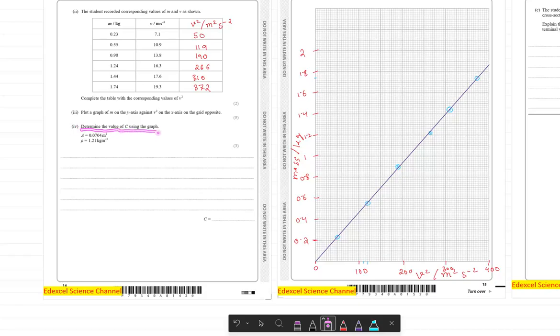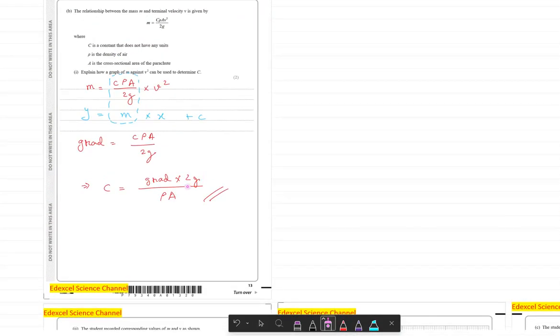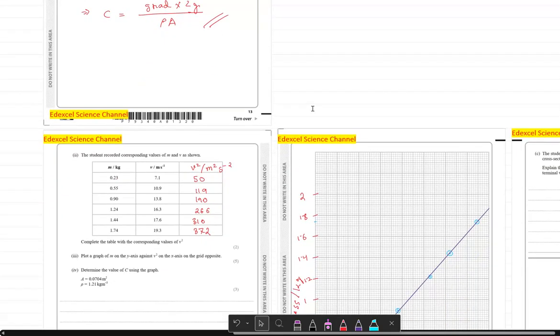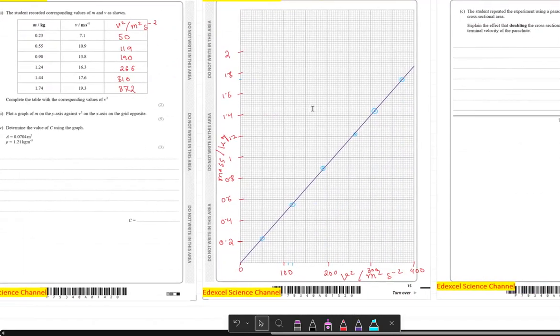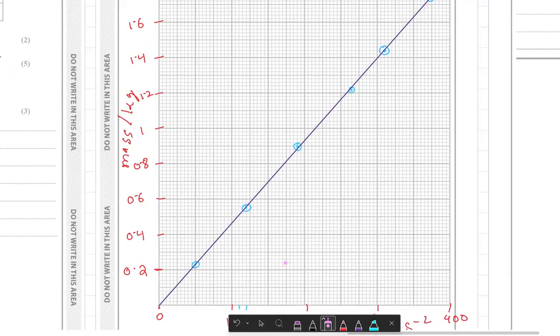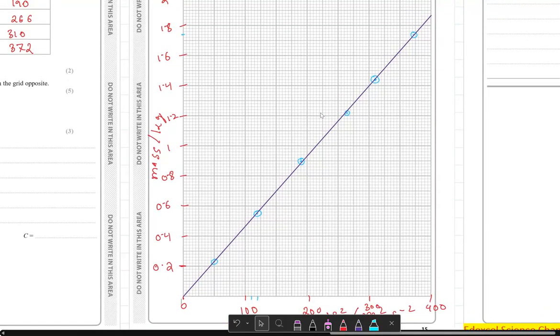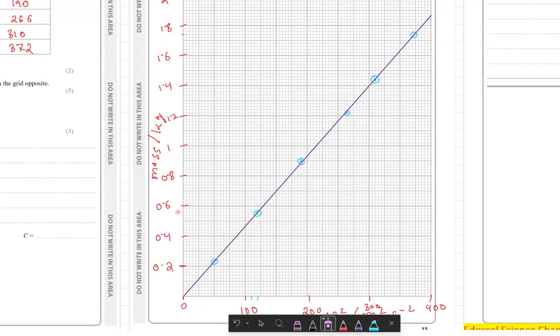Determine the value of C using the graph. So in number 1, we found out that to find C, you need to use this formula, right? So I'm going to find the gradient first. To find the gradient, you need to take two sets of coordinates from either region.